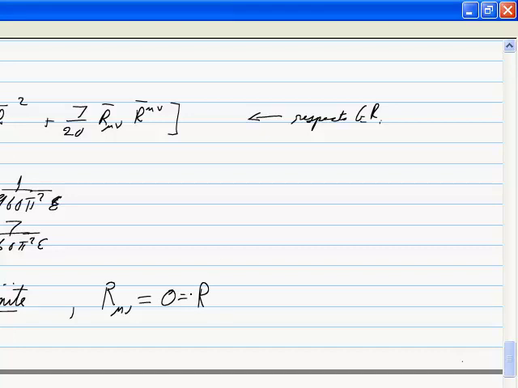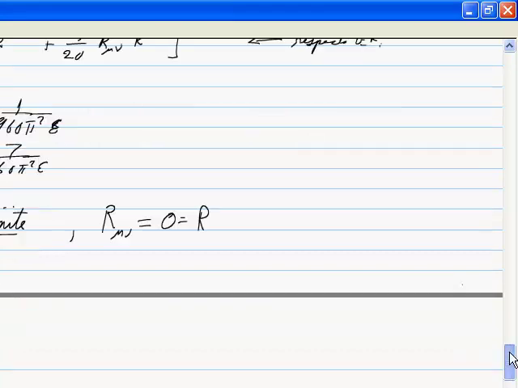Both R and R mu nu have to be equal to 0 in pure gravity, which means that these counter terms here vanish by the equations of motion, so they don't contribute to anything. And so everything that you get out of pure gravity has no divergences at one loop.